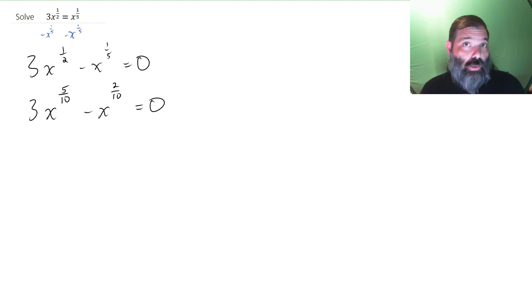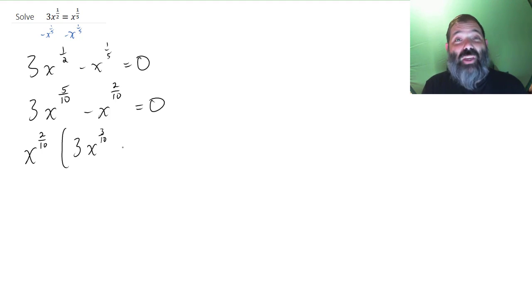And now it looks like it's easier for me to determine what the smaller exponent is, and that's 2/10. So I will factor out x to the 2/10 power, and so then that would be multiplied by 3x to the 3/10 power, because 2/10 plus 3/10 is 5/10.